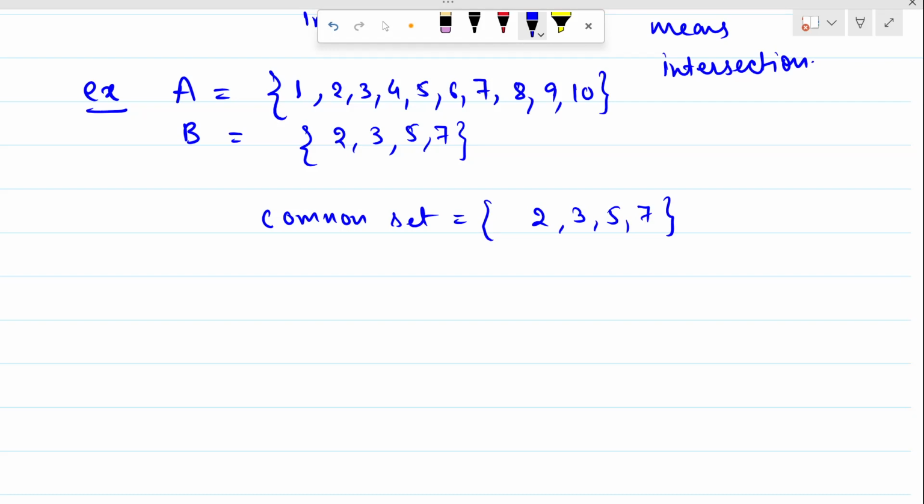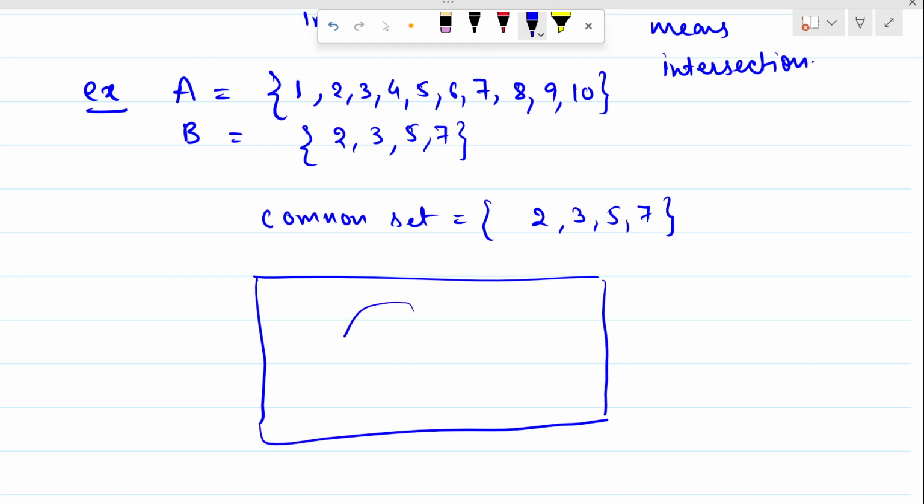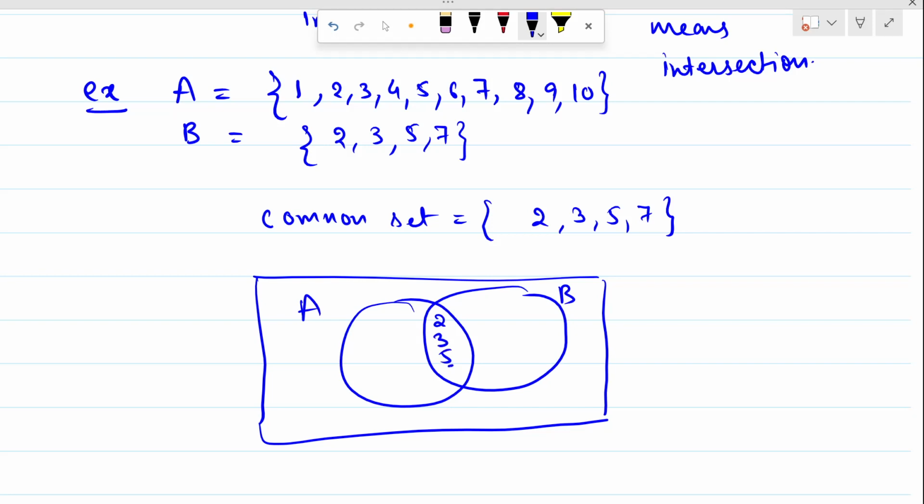If we draw a Venn diagram, it will look like this. We have a rectangle, and this is set A and this is set B. So 2, 3, 5, 7 is the intersection part.